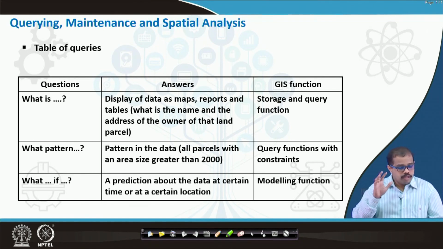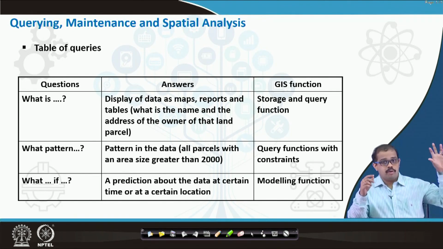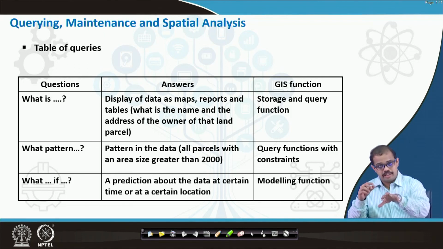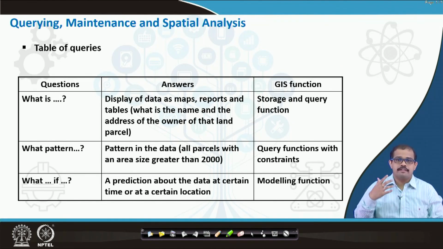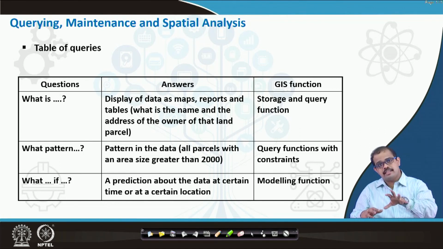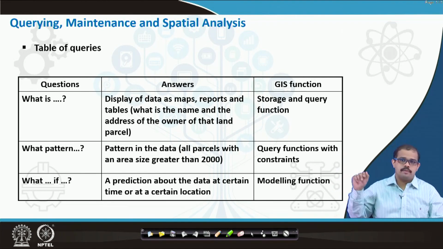Now, in a general way, "what if" asks what would be the situation if this is the pattern. That is nothing but a modeling function. We are trying to see if there is a scenario change in this pattern and what would be the result of that change.